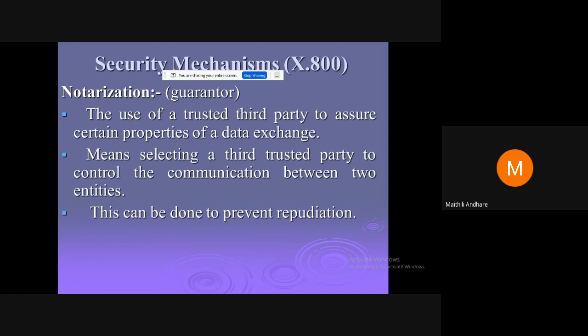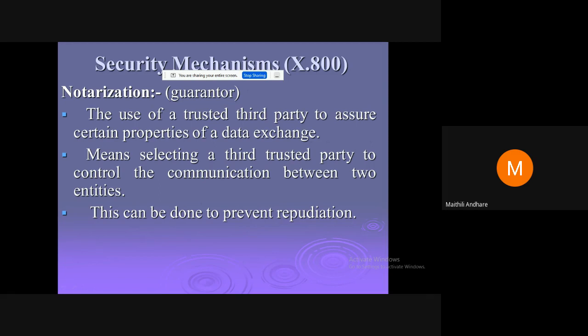Between the bank and the person who wants the loan, that is sender and receiver, okay, that guarantor can be a trusted third party. So the use of a trusted third party to assure certain properties of data exchange, by means of that, we can maintain the security.